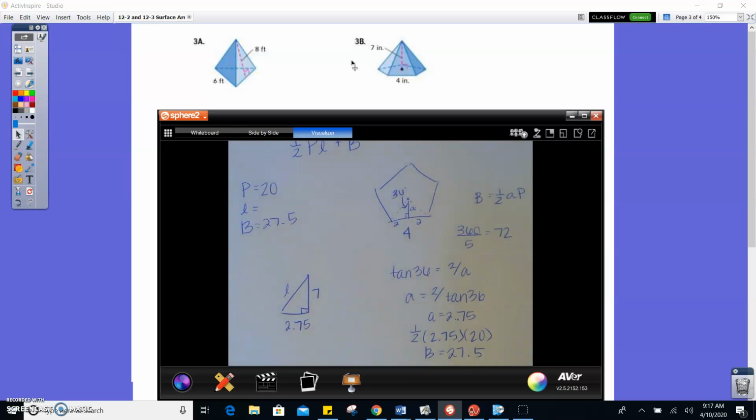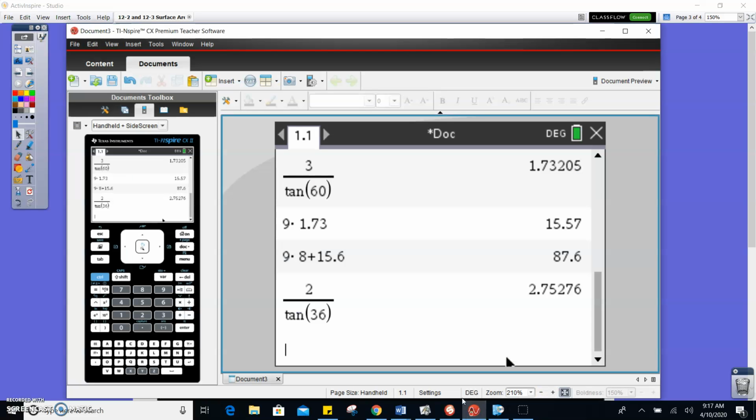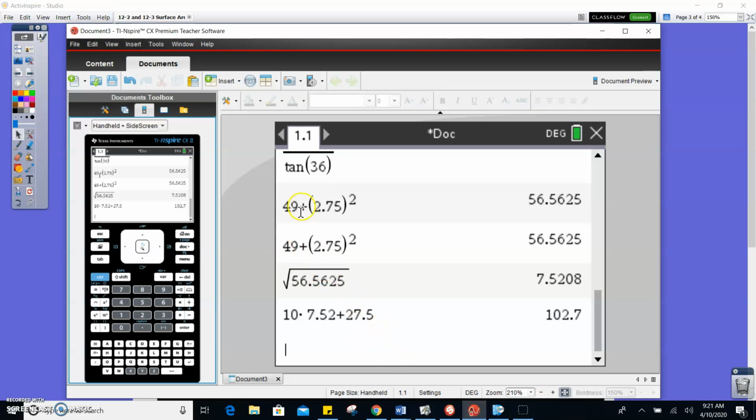So now I can just use the Pythagorean theorem. I know that 49 plus 2.75 squared gives us 56.56. When we take the square root of that value, we get 7.5.